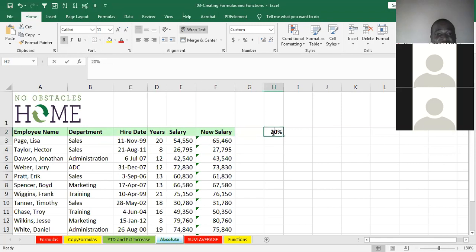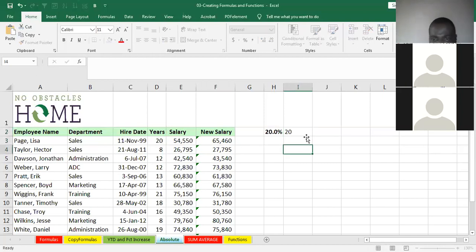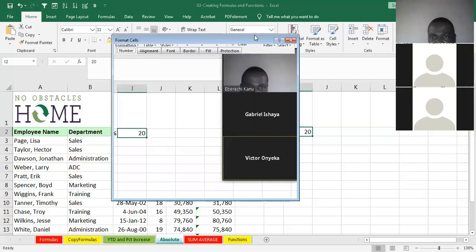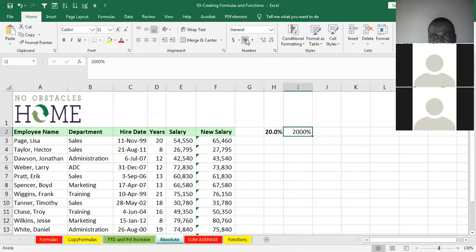Okay, how I wrote it. Yes. I think you can write 20 and then make that value become percentage. I understand your question. I think it's custom.